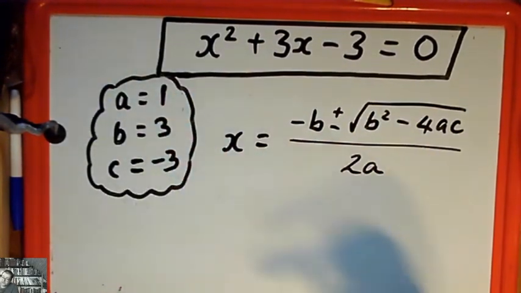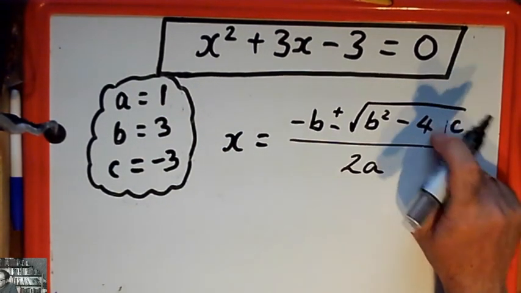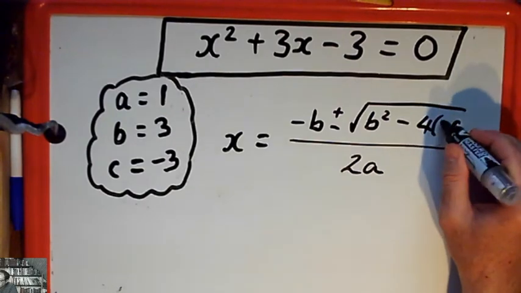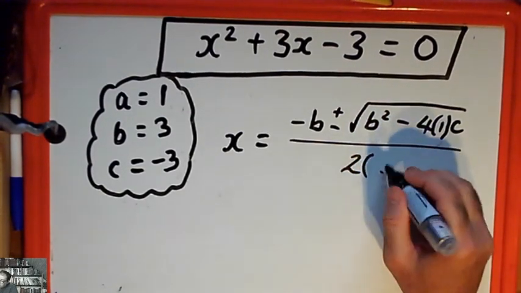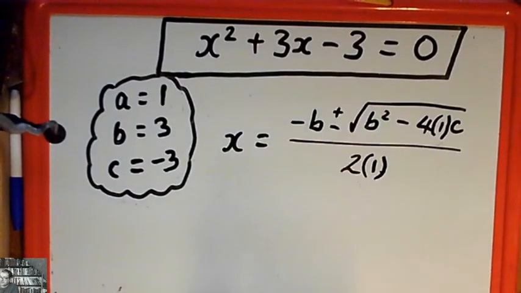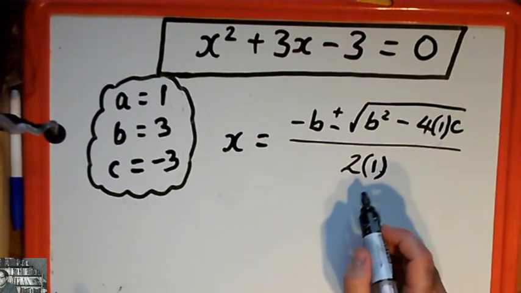So I'll start with a is 1, so wherever I see an a, I'm going to replace it with a 1. 1 there and 1 there. I'm sticking it in brackets, so 2 brackets 1 means 2 multiplied by 1.